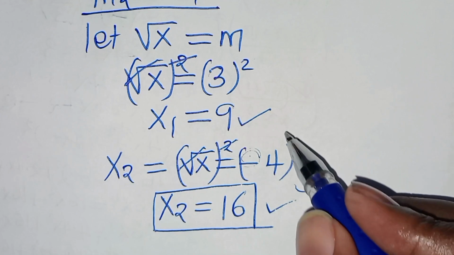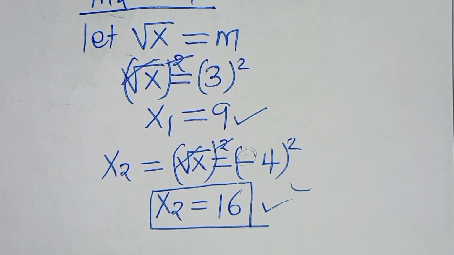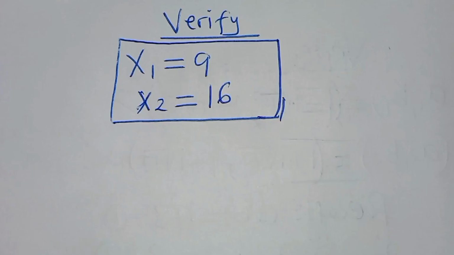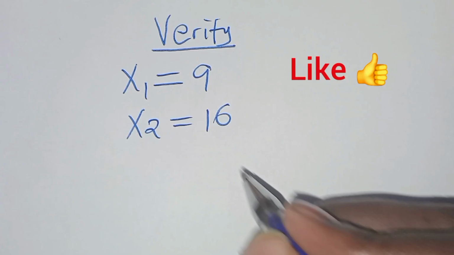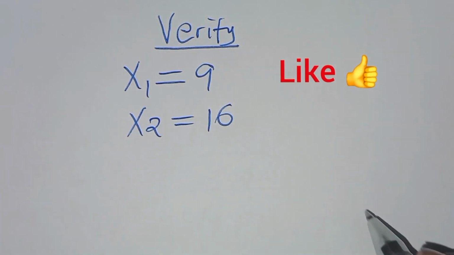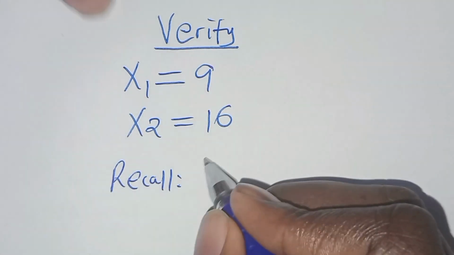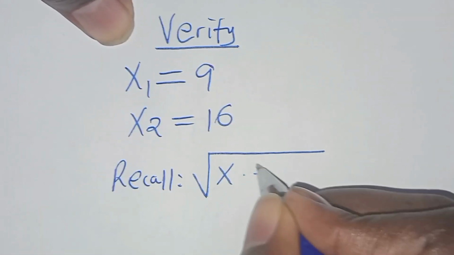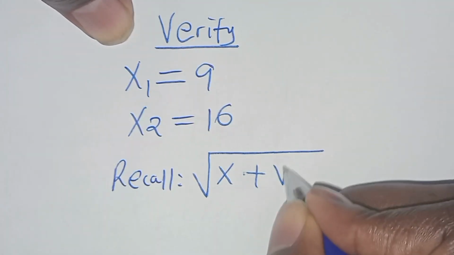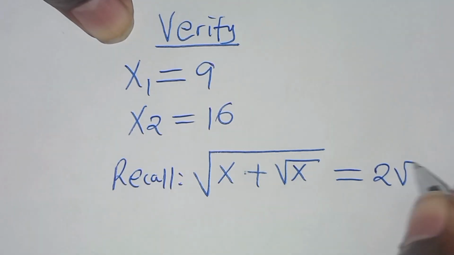So the next step from here is to verify that x1 and x2 satisfy the equation as follows. Now if you recall, we have that the square root of x plus square root of x is supposed to give us a value of 2 square root of 3.